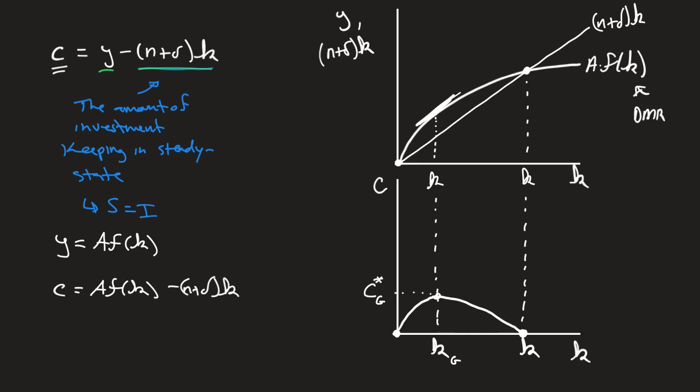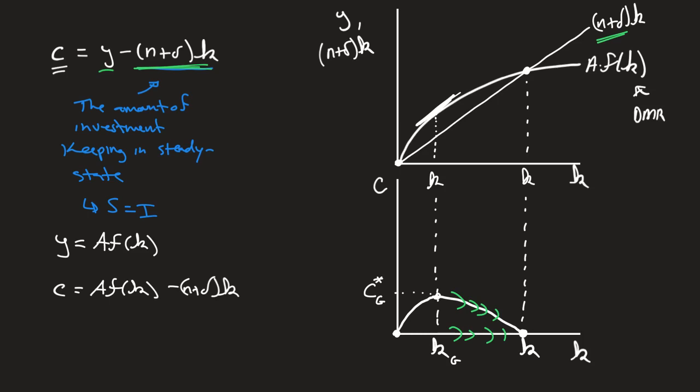So this is showing us that there's a point where consumption is maximized in the steady state, and if we continue to produce more and more capital, we're actually going to start seeing our ability to consume decrease. The reason all comes from up here. This, which I keep underlining, is the amount of investment needed to keep us in steady state.